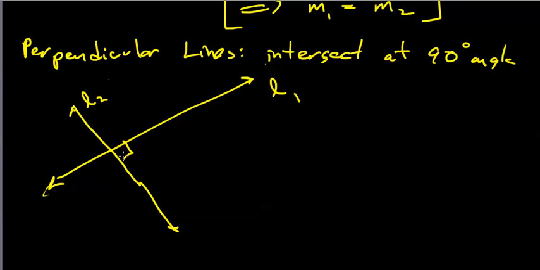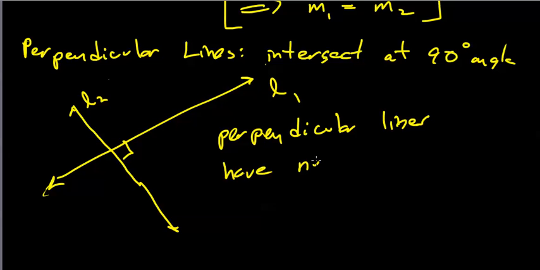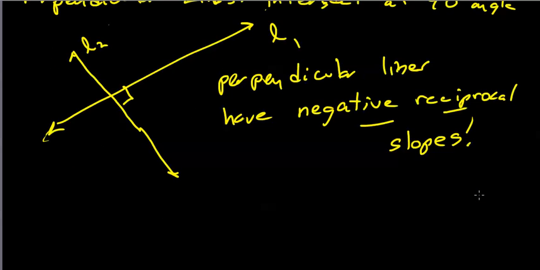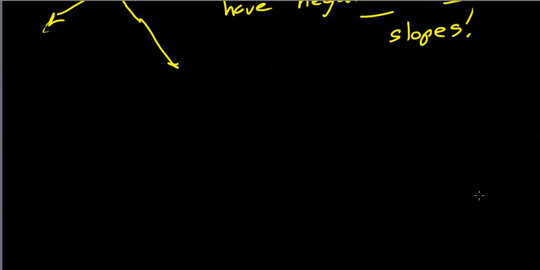Alright, it turns out perpendicular lines have what they call negative reciprocal slopes. In other words, their numerical measures of steepness are negative reciprocals of each other. What does that mean? Let me give you an example.